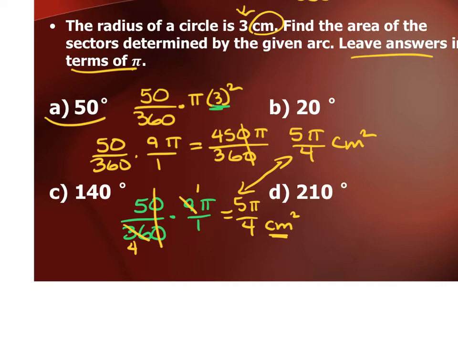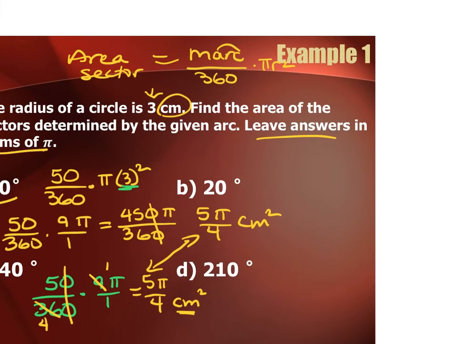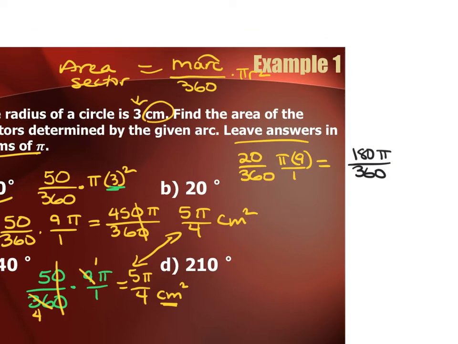All right, so let's do the 20 now. So for the 20, it's 20 over 360 times pi r squared, so pi times 9. And again, if you want to multiply it the way it is, this will give me 180 pi over 360, and then I get 1/2 pi.